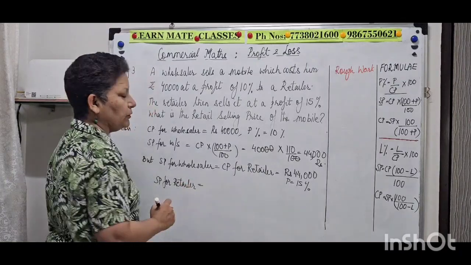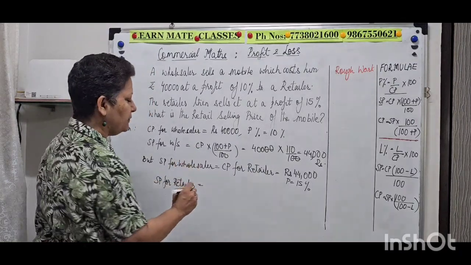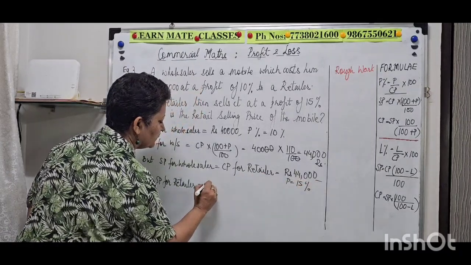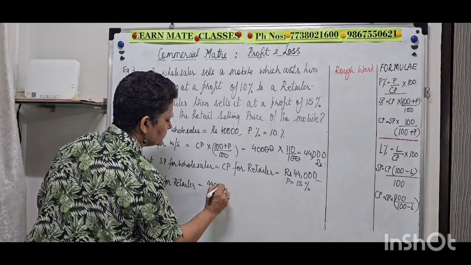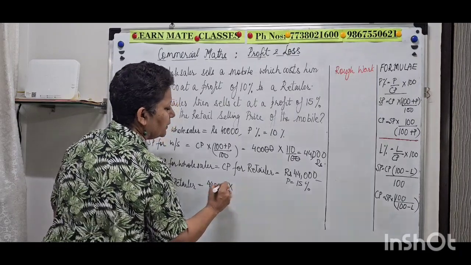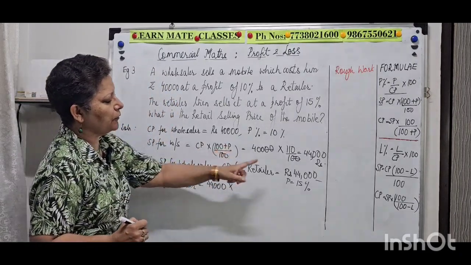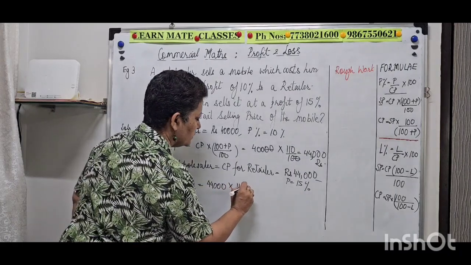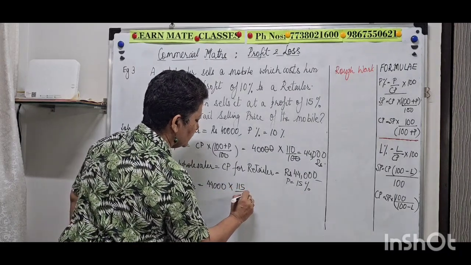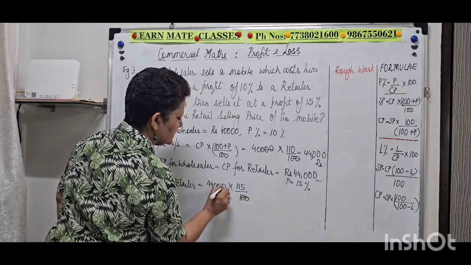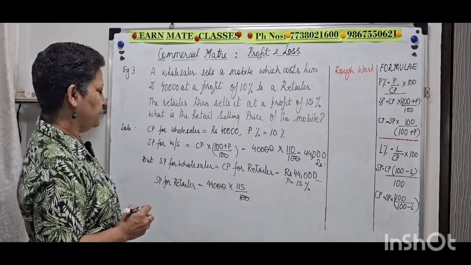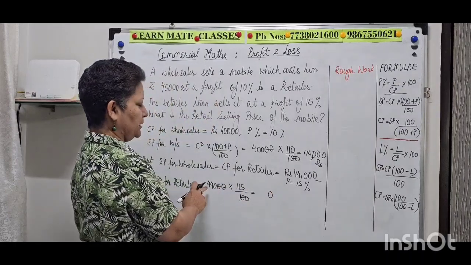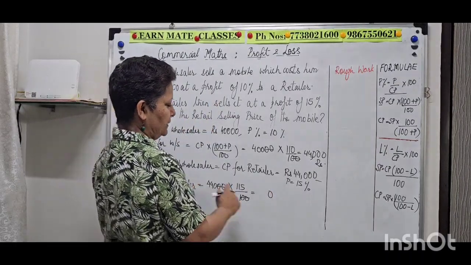So selling price for the retailer is again going to be obtained using the same formula. So in this case, my cost price is 44,000. 100 plus profit, which is 115, and upon 100. So my two zeros cancel, and again I am left with the same kind of thing, which is 0, and I need to multiply 115 into 44.